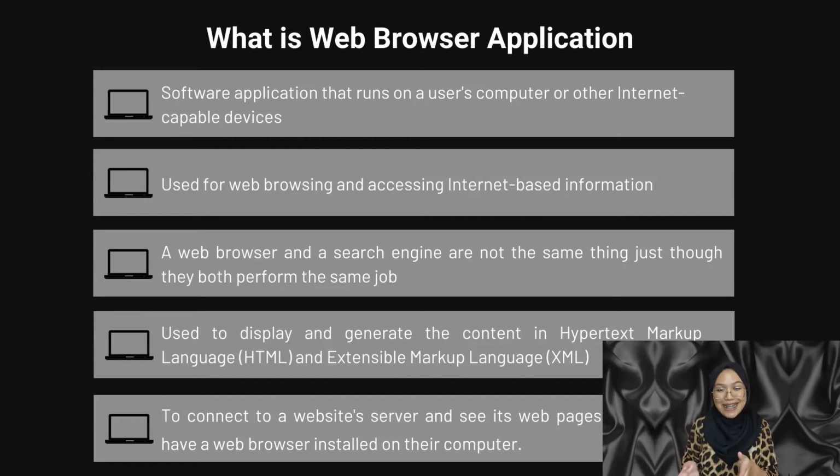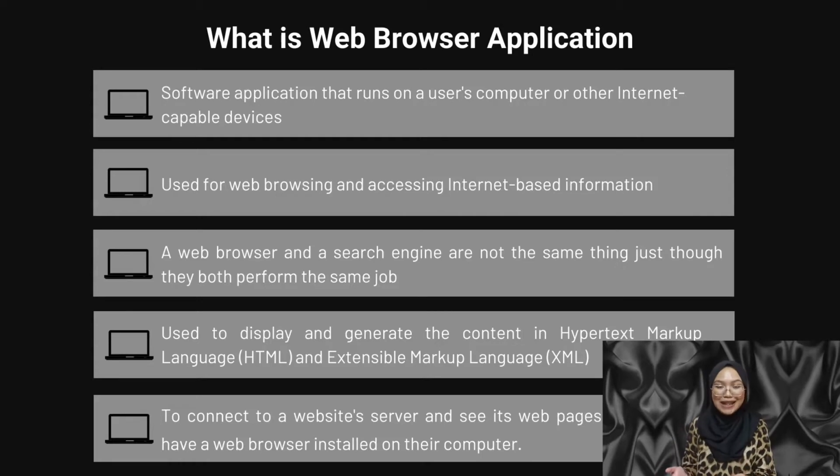A web browser and a search engine are not the same thing, even though they perform a similar job. A search engine is a website that retrieves web pages based on the search term entered. However, to connect to a website server and see its web pages, the user must have a web browser installed on their computer.